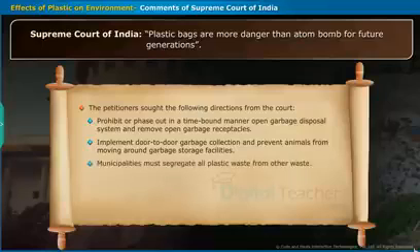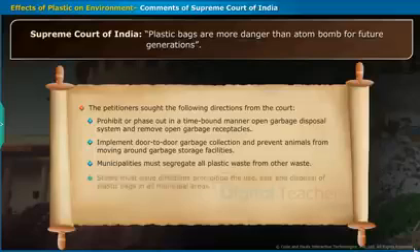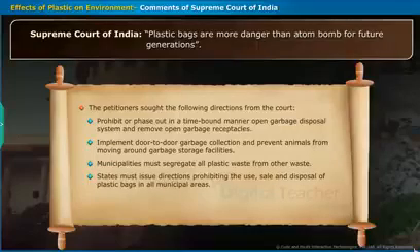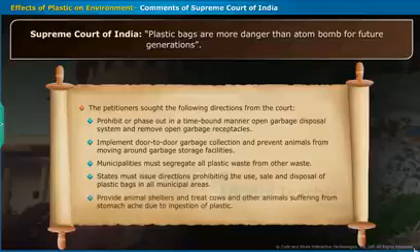Municipalities must segregate all plastic waste from other waste. States must issue directions prohibiting the use, sale and disposal of plastic bags in all municipal areas. Provide animal shelters and treat cows and other animals suffering from stomachache due to ingestion of plastic.